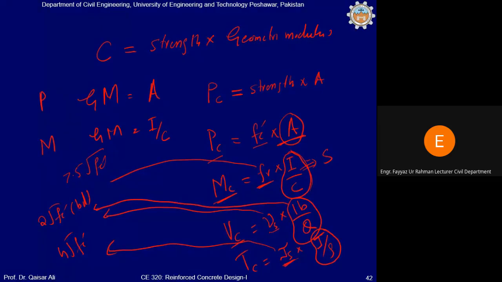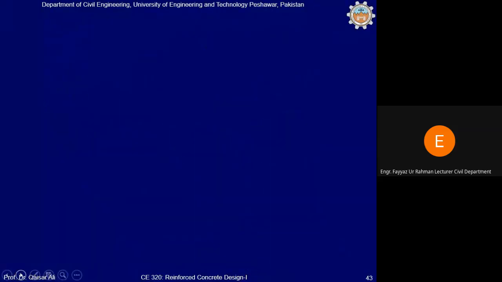Now we discussed on the previous slide that the demand will also be in the form of these different actions. If the demand is given in the form of loads, for example axial load, you will compare it with the axial capacity. बात समझ आ रही है?